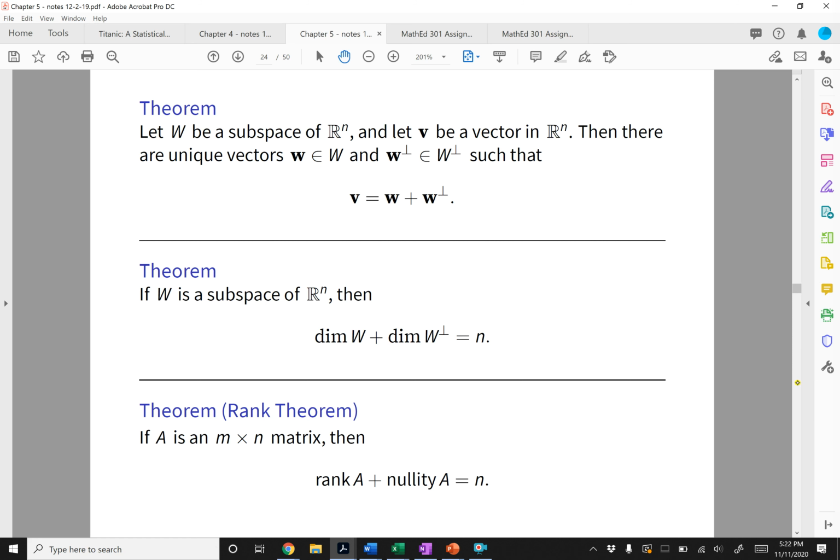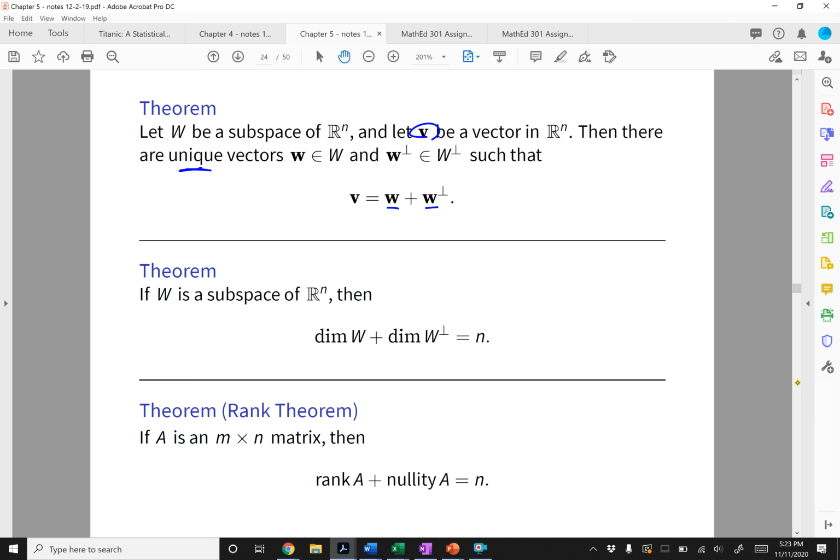The key thing in this next theorem is that you can do this for v in any Rn. If you've got a subspace W of Rn and any v in Rn, then you can write its component in W and its component in the orthogonal complement of W, and those are unique.